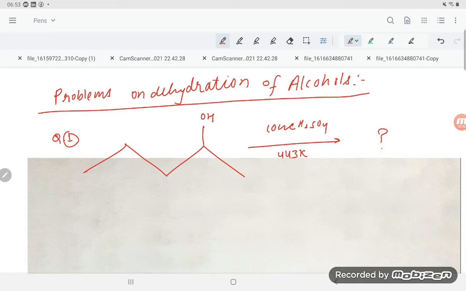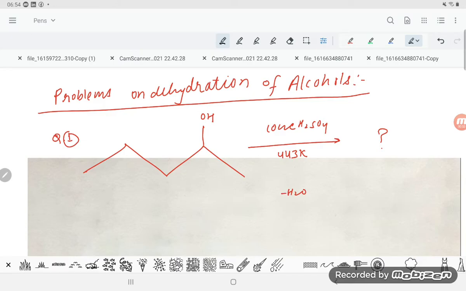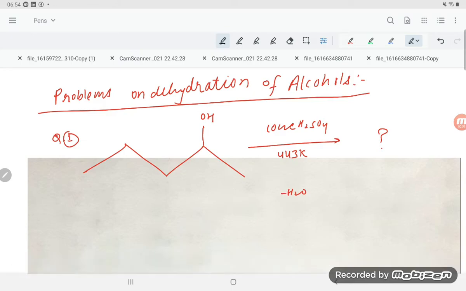So dear students, if you see the product, that will be loss of water molecule because dehydration is there. So minus H2O will be there, students. And the product will be something like that. Here is 1 2 3 4 5.